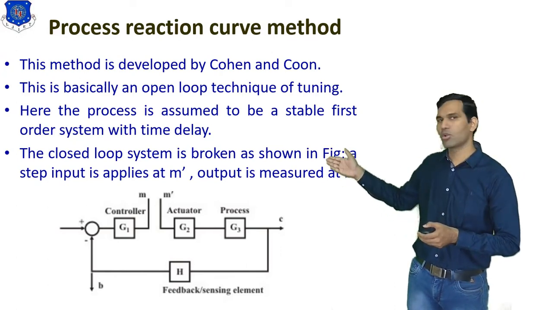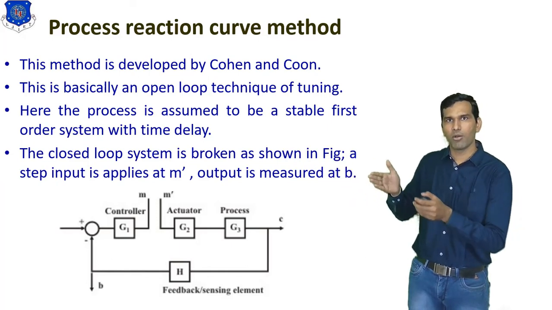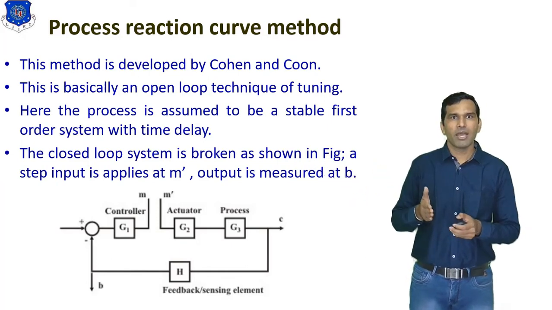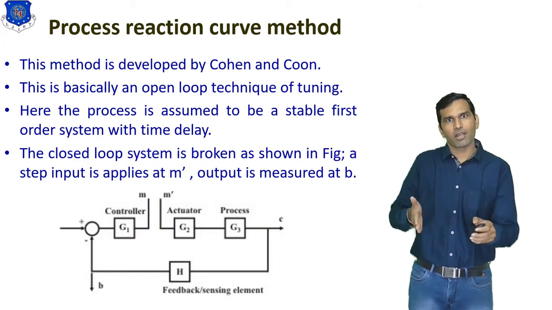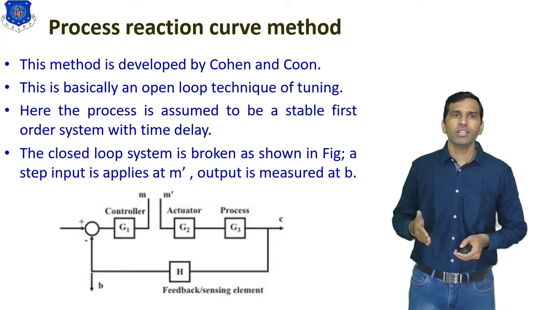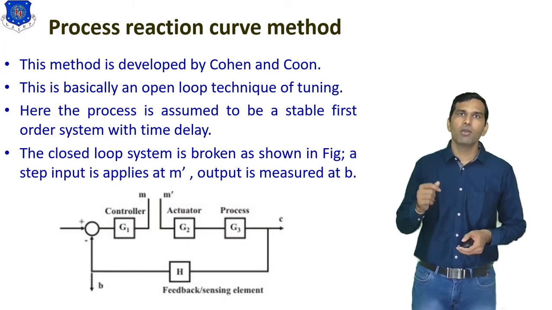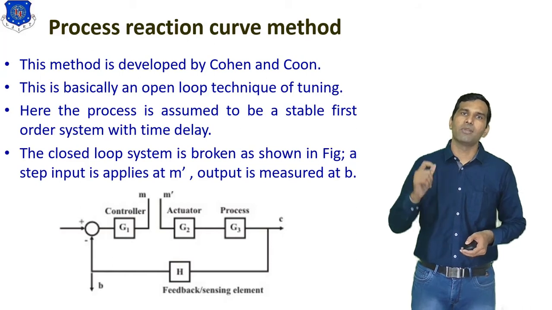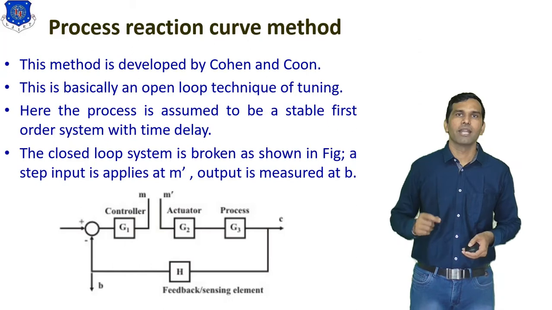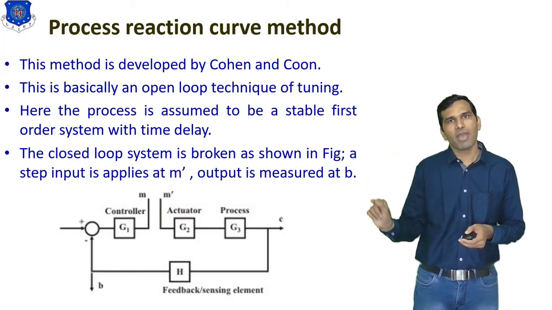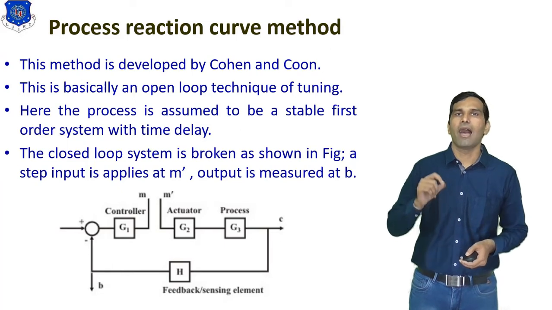Here the upper portion between G1 and G2 is broken, that means between the controller and the actuator we break the process, between M and M'. Now we give input to M' and measure the output at B, that means after the feedback system, at B, we measure the output.